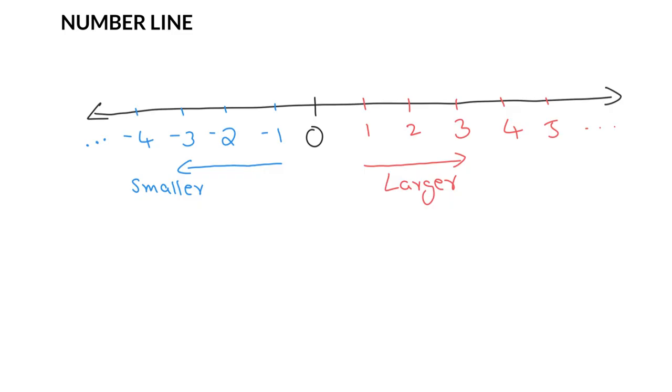Now let us understand the number system. All the numbers starting from 1 and upwards are called natural numbers.